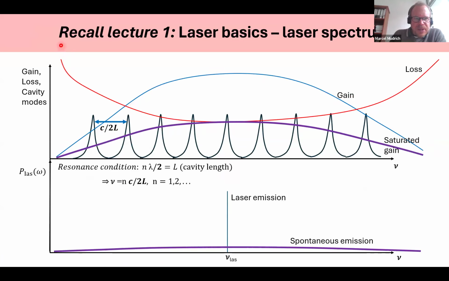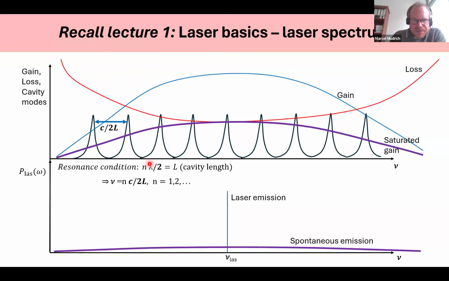We have some loss curve, which is usually given by the properties of the laser resonator. The coating of the mirrors is usually chosen such that you have low losses, so high reflectivity, in some spectral range that hopefully is well matched to the gain profile.